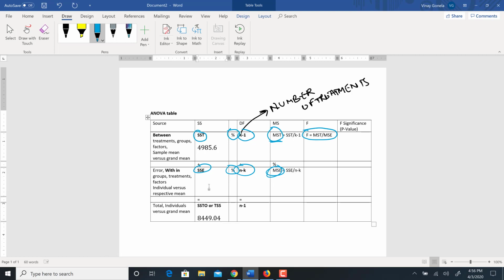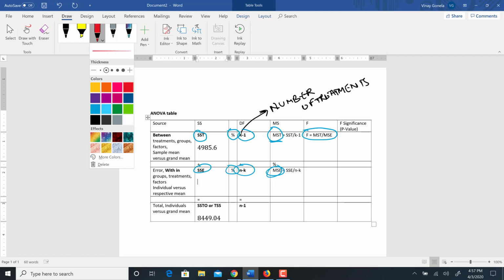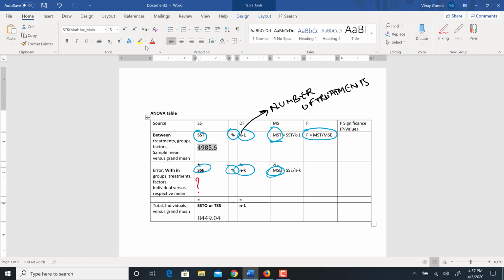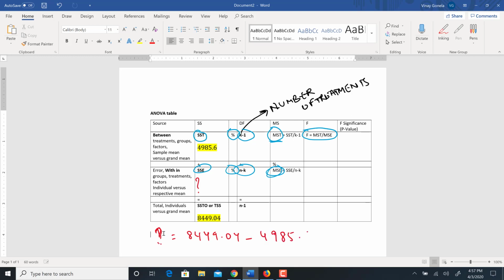So what is this? Let me highlight it. This one plus whatever is in the second cell, the question mark, should be equal to 8449.04. So the value of the question mark would be 8449.04 minus 4985.6.